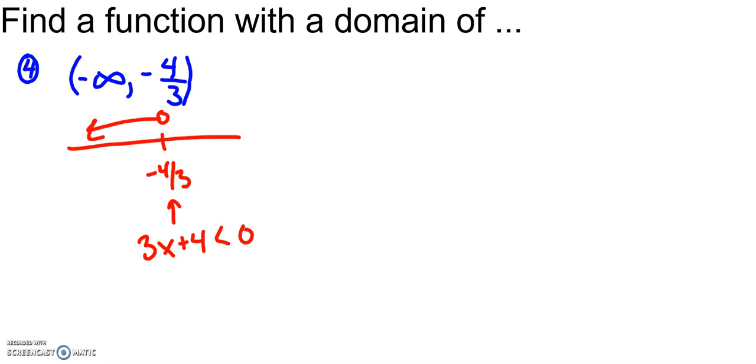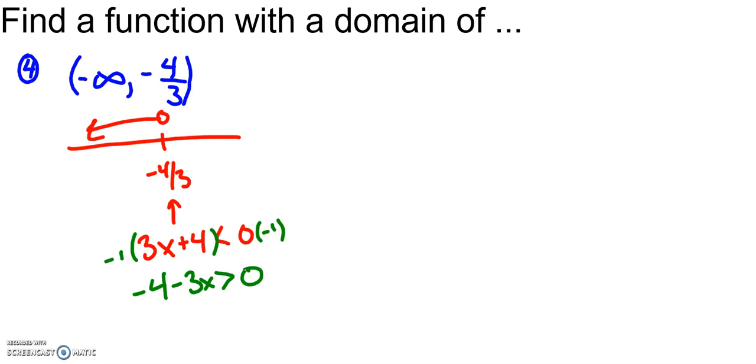None of my domain restrictions were less than zeros. They were all greater than 0 or greater than or equal to. So one way of doing this is to think, okay, if I want to change that to a greater than sign, I have to multiply each side by -1, which would end up giving me -4 minus 3x is greater than 0. That looks more like where we came from.